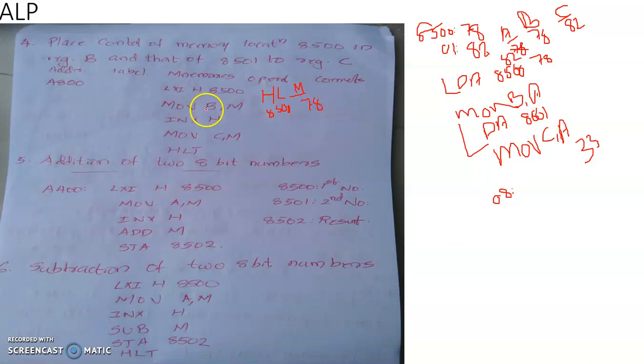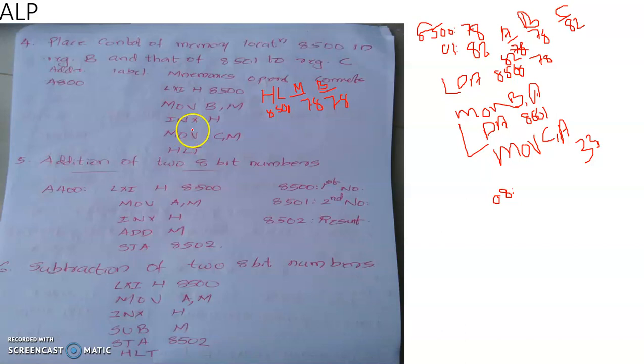Next instruction is MOV B, M. Move the content of the memory location pointed by the HL pair to register B. So the content of register B becomes the content of the memory location pointed by the HL pair, that is 78.